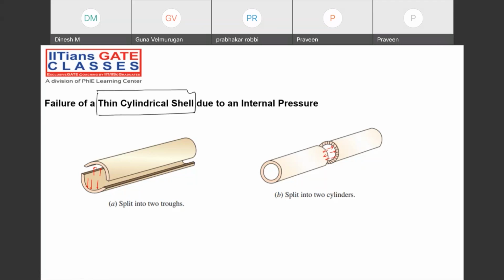Once the figure is completed, remember that the failure will happen in two ways. One is the circumferential way, and the second is the longitudinal way. This is called circumferential failure. This is called longitudinal failure. Very, very important.